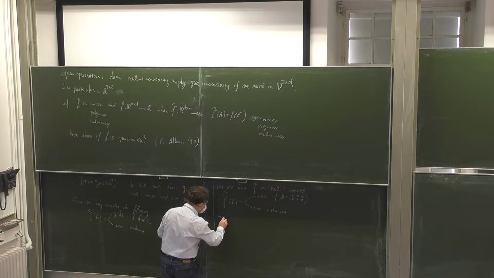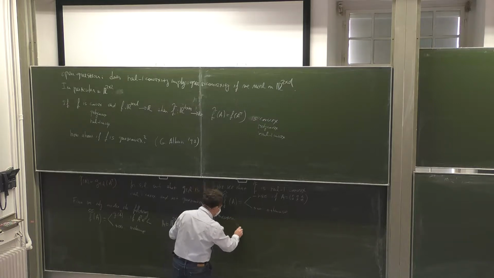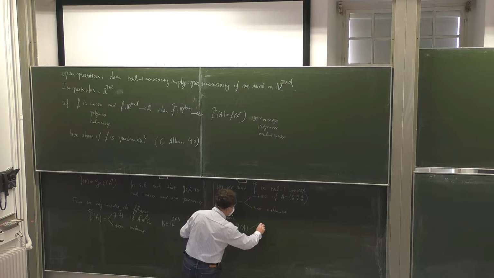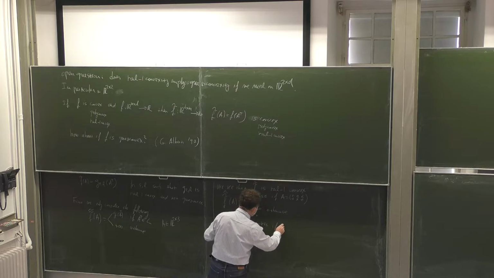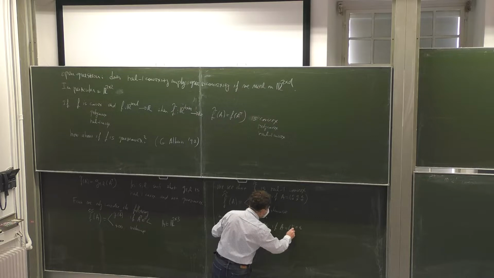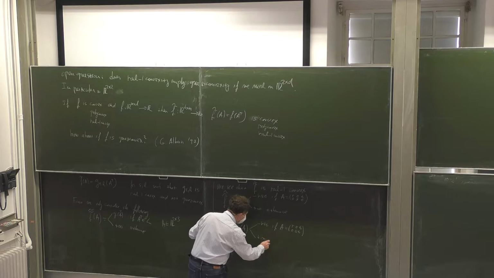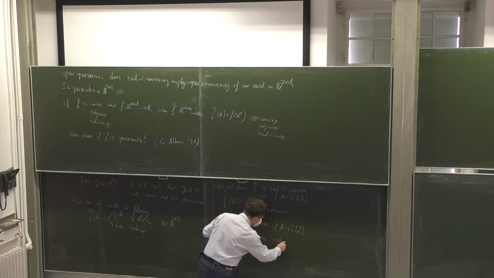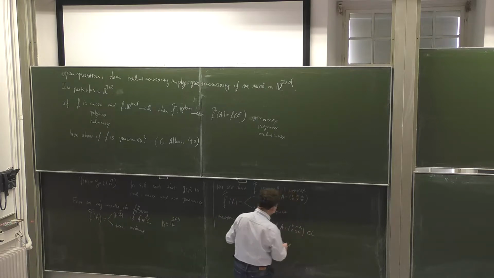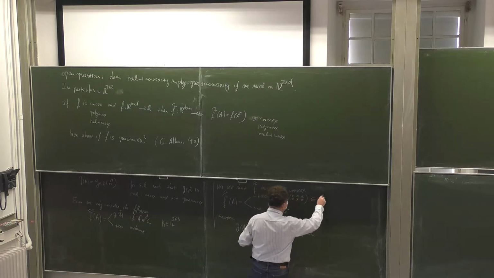Moreover, G of A, which is defined like minus RST, if A equals R0T 0ST and plus infinity otherwise, so it belongs to L, and this belongs to L transpose.